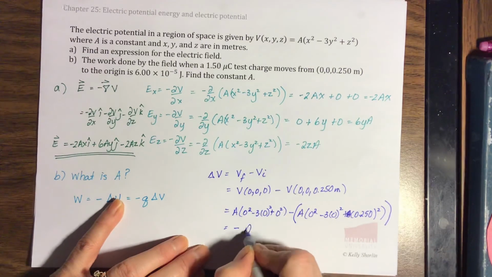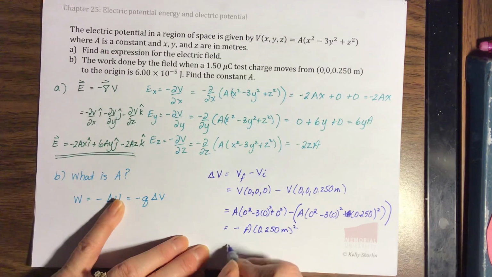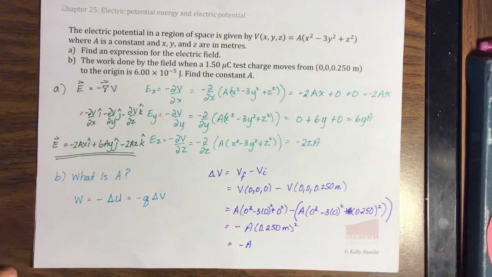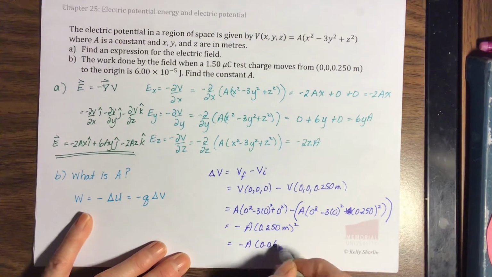Got minus A times 0.250 meters squared, which is minus A times 0.0625 meters squared.